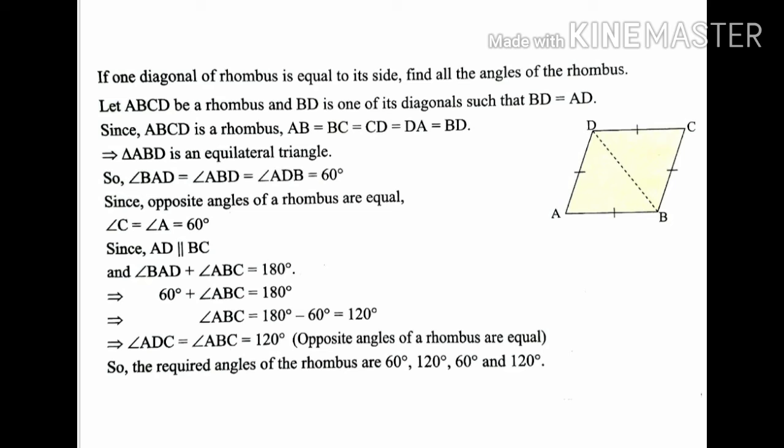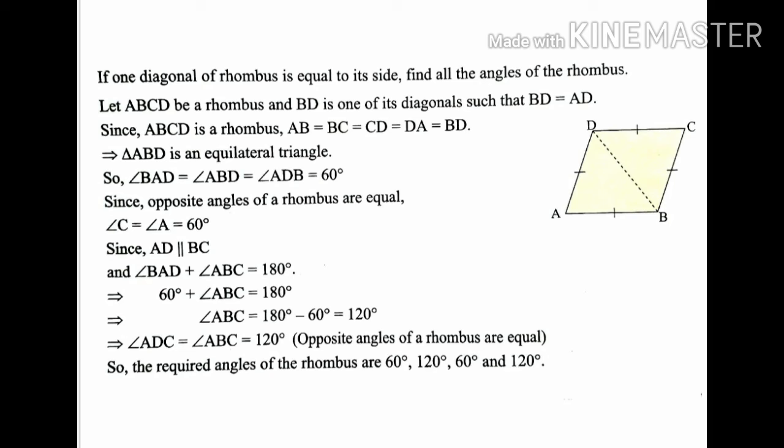So if you look at the figure, if AD is parallel to BC, angle BAD and angle ABC are adjacent angles. So the sum of adjacent angles is also supplementary in a rhombus. So angle BAD is given as 60 degrees, we find angle ABC after subtracting, that is 120 degrees.